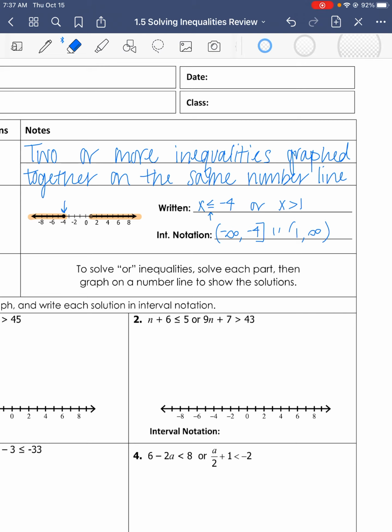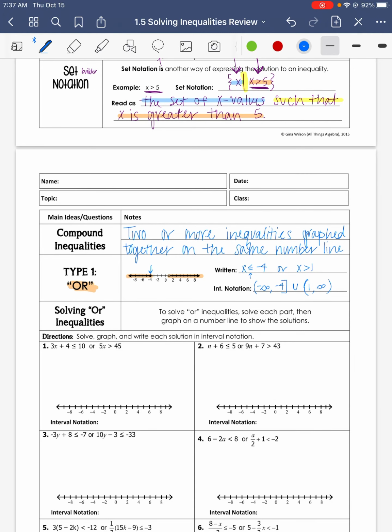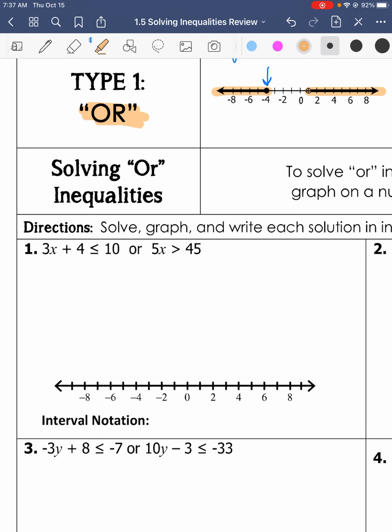All right, oh, I keep forgetting this eraser is so big. So let's take a look at some examples here. To solve OR inequalities, solve each part, then graph on a number line to show the solutions. Like we talked about in class, we're going to solve each of these individually as if they were their own separate inequalities, and then we'll just combine the solution set together here.